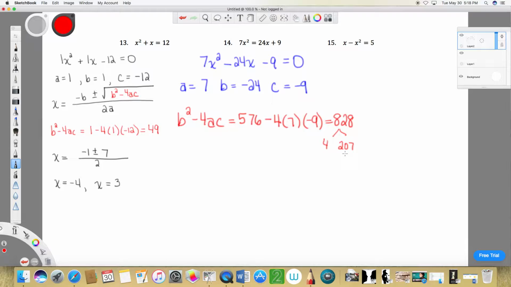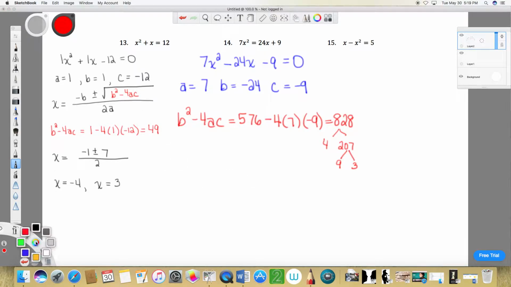Yeah, and in fact, 207 is divisible by 9. There we go. So 9 times 23. 4 times 9 is 36. So the 828 was divisible by 36. So we know that it's 36 times 23. So that's going to help us out.